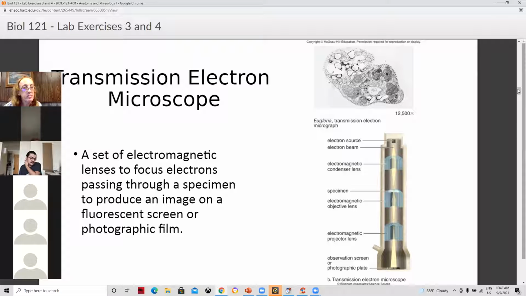And electrons have a negative charge. And so they have a charge, and instead of using glass lenses, we use magnetic field condensing lenses. So we create a magnetic field, so we force the wavelengths of electrons to pass through the specimen.